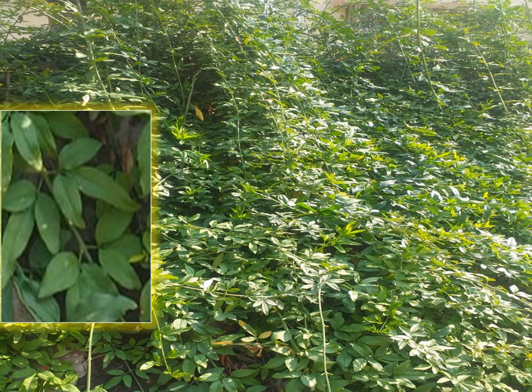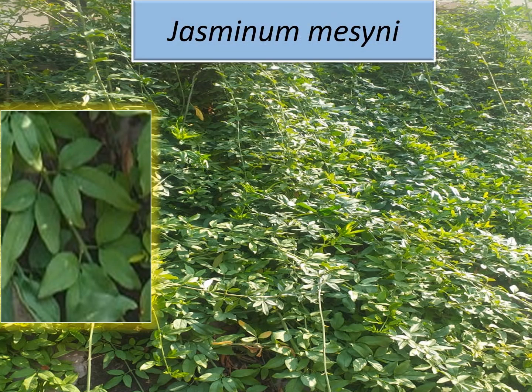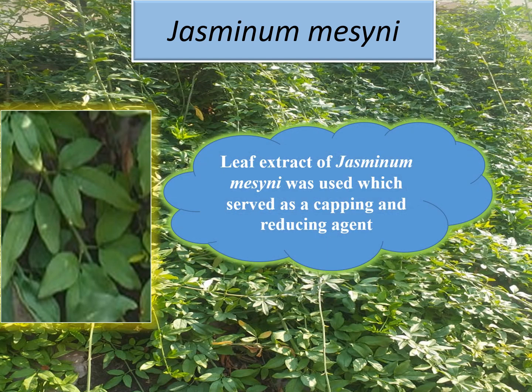So in this synthesis, we are going to use Jasminum mesnyi leaves for the synthesis of nanoparticles, and we will synthesize cobalt oxide as well as nickel oxide nanocomposite using this plant material.